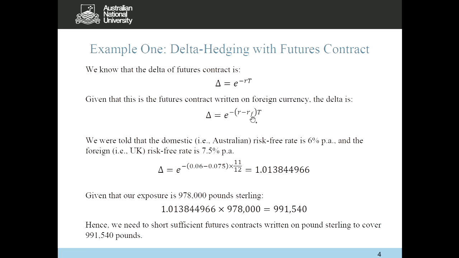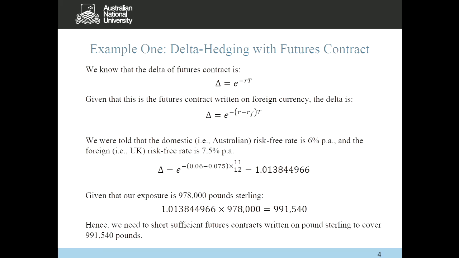So we were told that Australia's risk-free rate is our domestic rate, and the UK's risk-free rate is the foreign rate. So in the bracket, that is 6% minus 7.5%, all right? And times time to maturity, 11 over 12, and we work out the delta is slightly greater than 1, which is 1.0138. Okay, and how much exposure do we have?